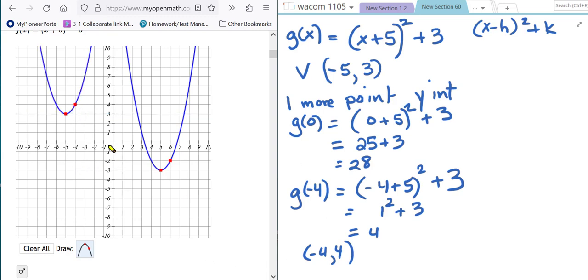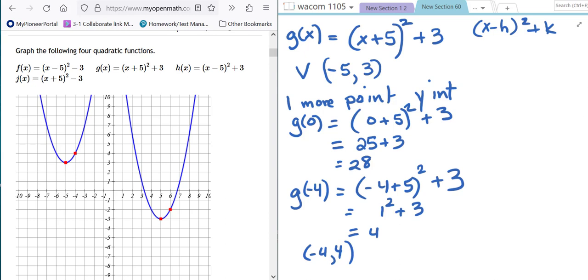Right, and we can look and see if this one did move correctly. So, because we have the graph there, it would have moved to the left 5 and up 3. Check it from the vertex. So to the left 5, up 3. There you go. Very good. All right. Next one.